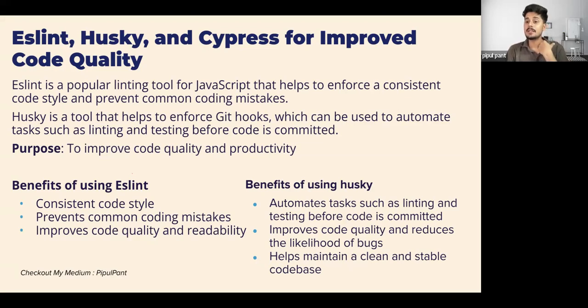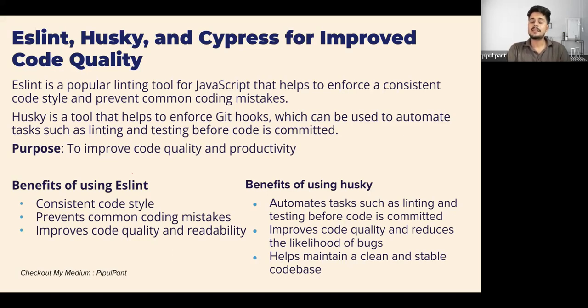We can set rules so that, suppose you have defined a variable like const a and you haven't used it, ESLint will throw an error saying const a is defined but never used, please remove it from the code. Those kinds of messages make sure our code is using the best practices, and at the same time the code quality will also be improved.